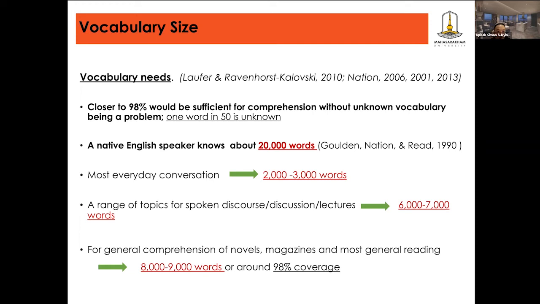In order to understand that, if you bring a text, for example, you teach your students a reading course or reading for a specific purpose, make sure that the coverage of the text is suitable for your students' level.